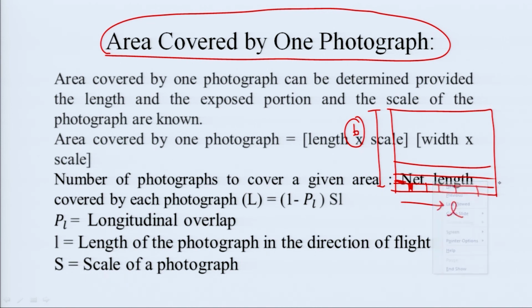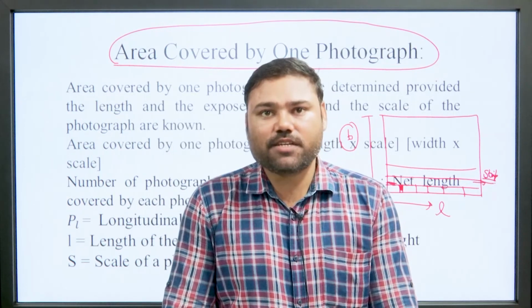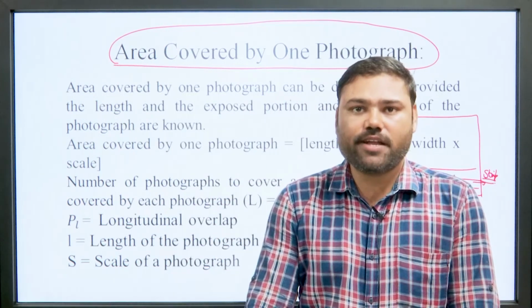So, we first have to calculate the number of strips, and by calculating the number of strips in different directions and multiplying them, we can obtain the number of photographs. We will discuss this topic in our next lecture. Thank you.